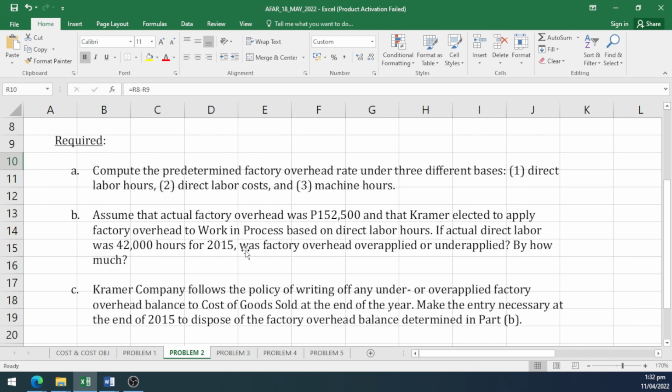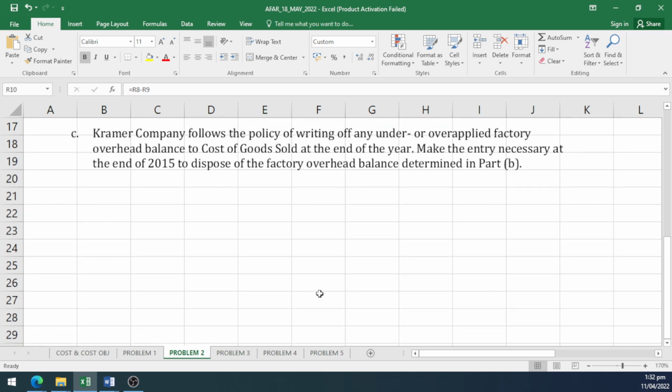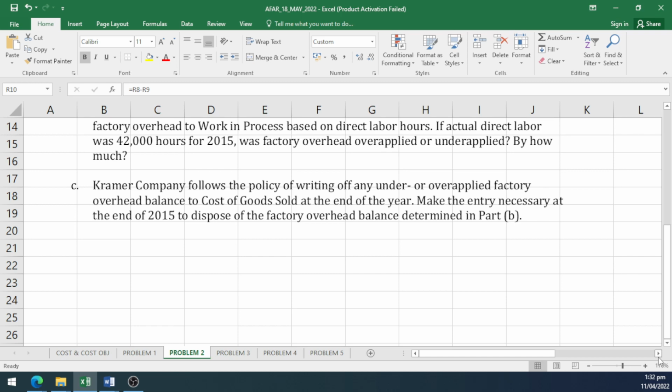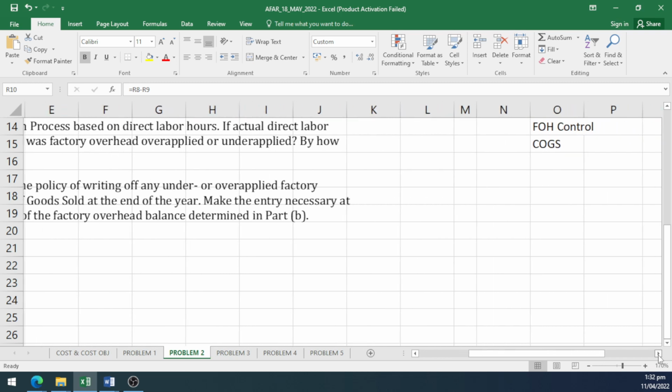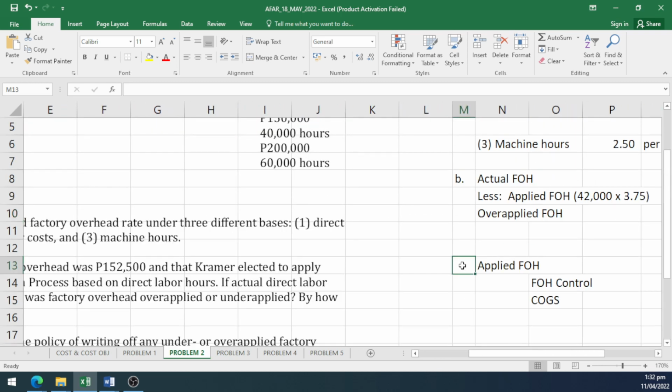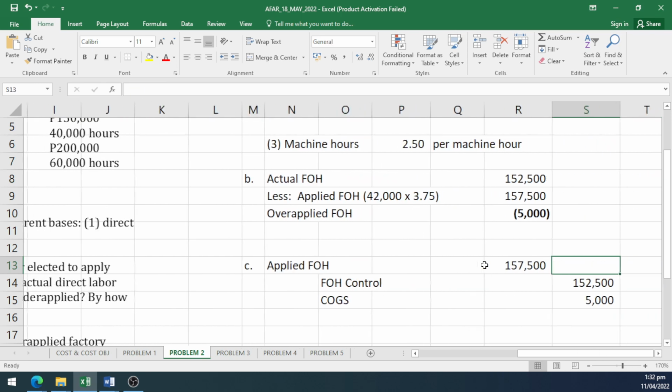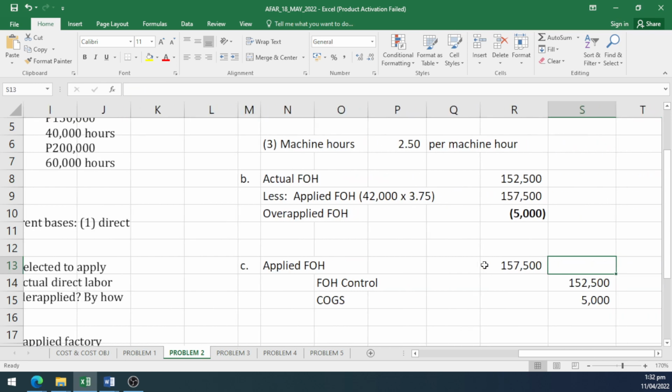Kapag over-applied, bawasan yung ating cost of goods sold. Pag under-applied, dadagdag sa cost of goods sold. Okay? So, this is letter C. Letter C requirement. The entry, applied factory overhead, debit, credit factory overhead control, then credit cost of goods sold.